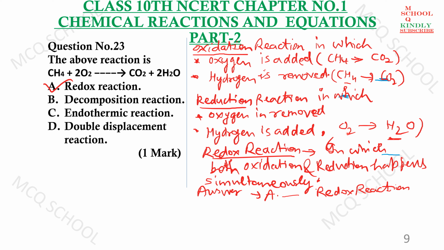Also, oxygen O2 is converted to H2O, that means hydrogen is added, so reduction is also there. Because oxidation and reduction both are happening, such a case is known as a redox reaction. Hence the answer is a redox reaction.